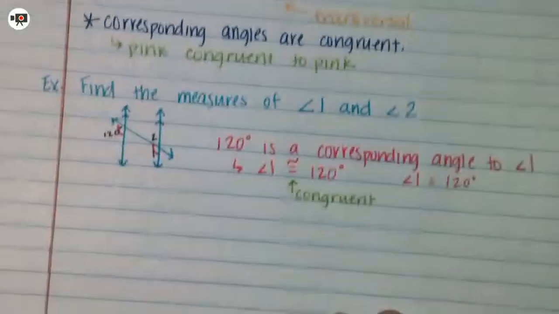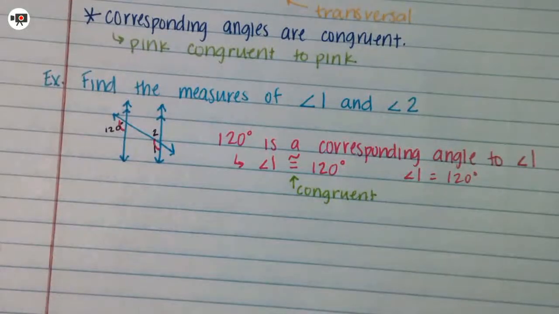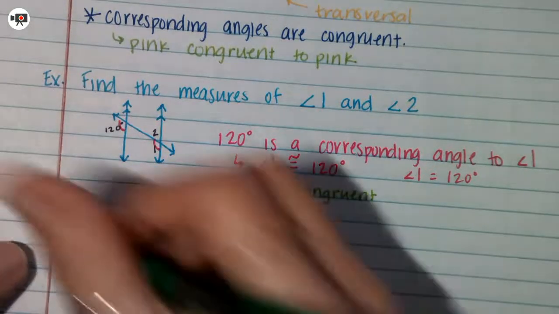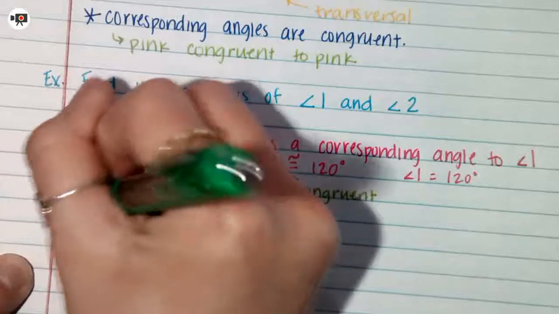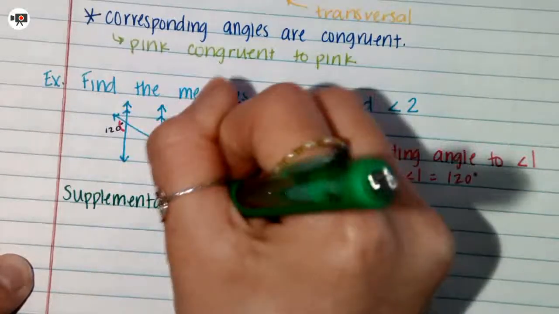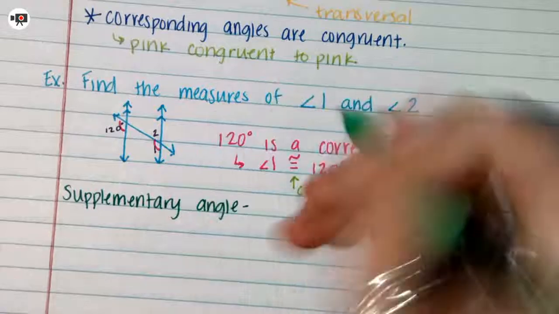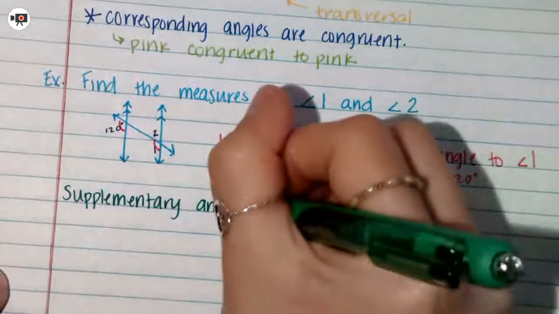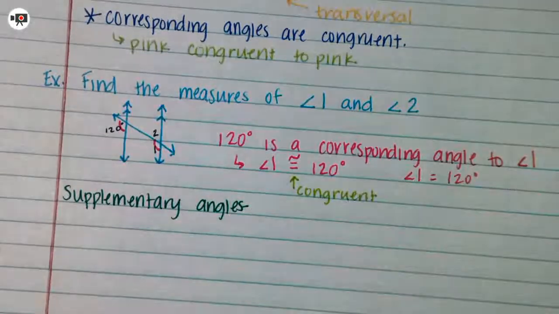Now to find angle 2, we have to know something called a supplementary angle. And supplementary angles are angles that add up to 180 degrees.